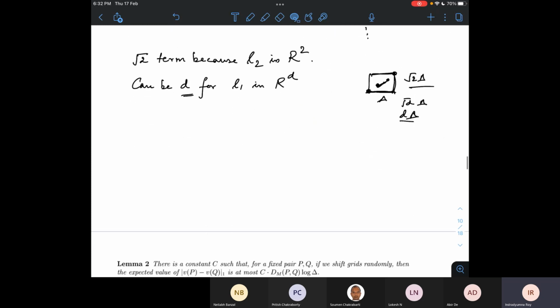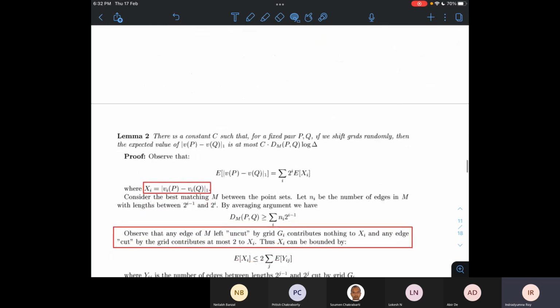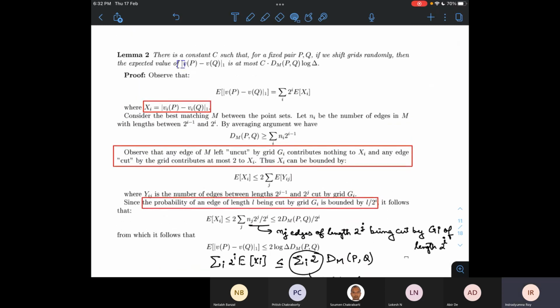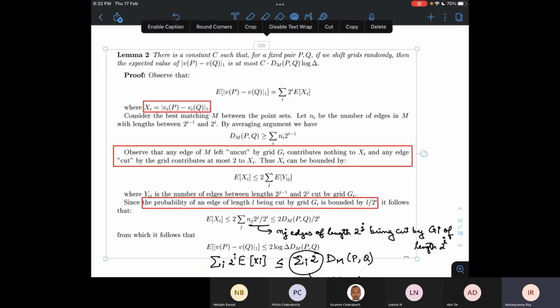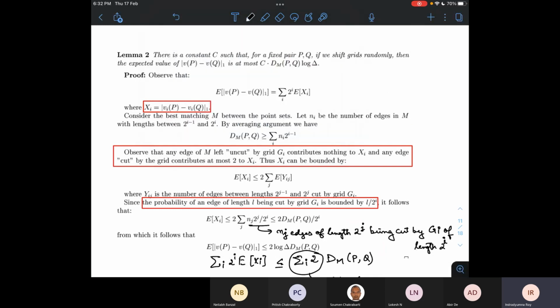Okay, so this is the first bound that we have. And the second bound basically tells us that whatever the predicted distance is with the tree metric is within at most some range of the actual EMD.